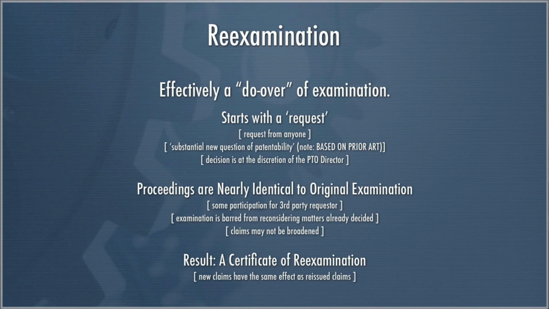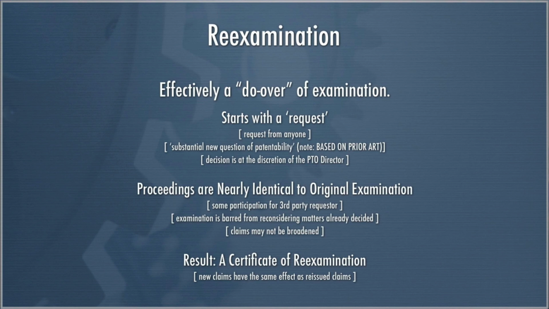And then the end result of reexamination is a certificate of reexamination, and then the new claims have the same effect as reissued claims, right? There might be intervening rights, although it seems unlikely since you can't broaden them at all, but to the extent that they've changed in some manner that would affect a potential infringer, then that's a possibility, although it rarely comes up.